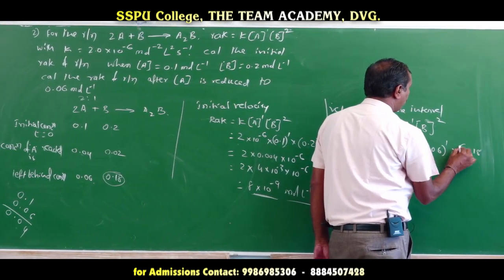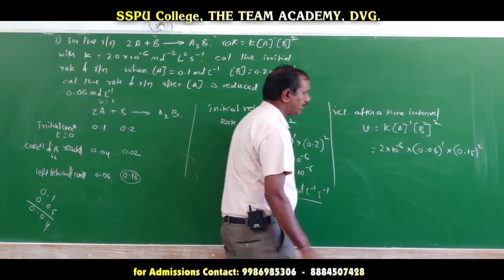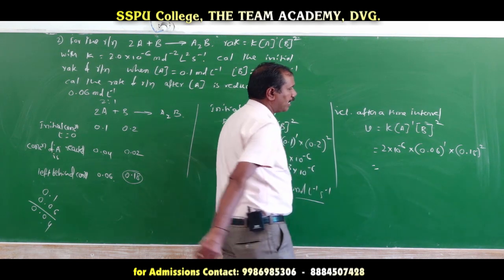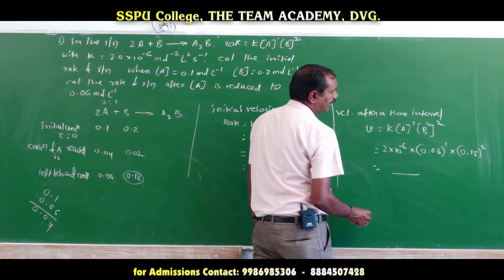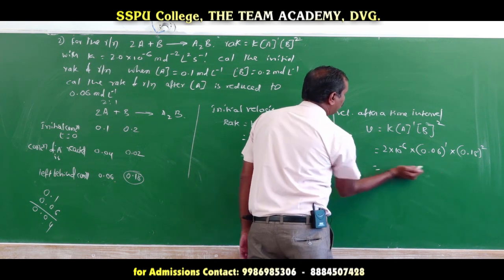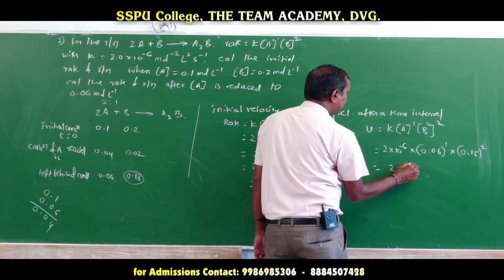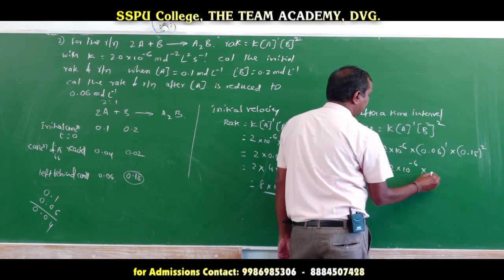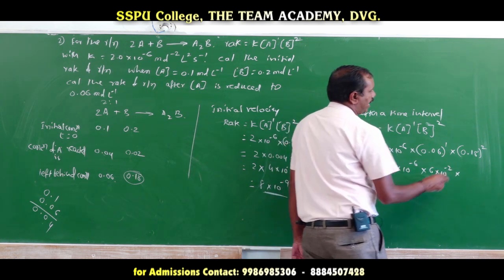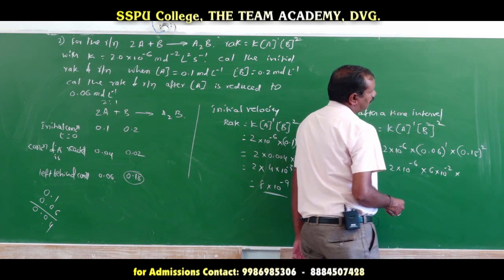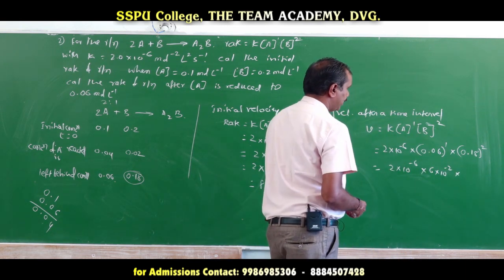0.18 to the power of 2. Then how to calculate? Finally, we can get the velocity. So 2 into 10 to the power of minus 6, 0.06 is nothing but 6 into 10 to the power of minus 2, and 0.18 into 0.18.